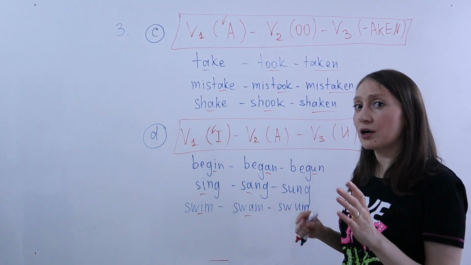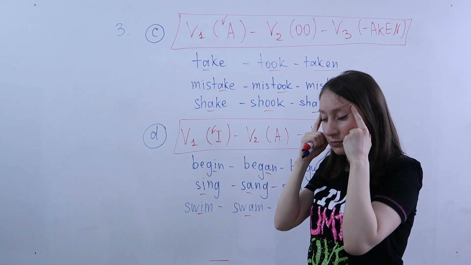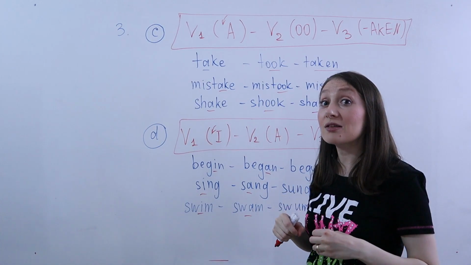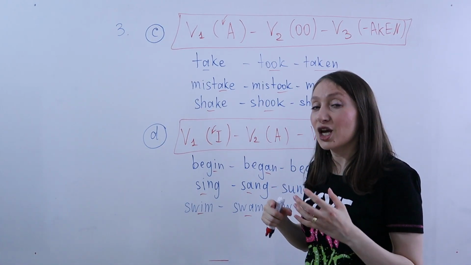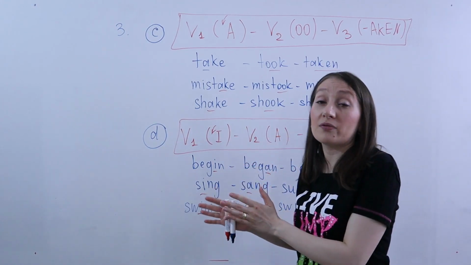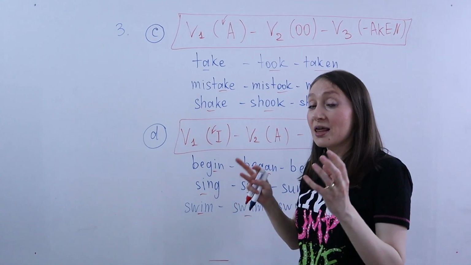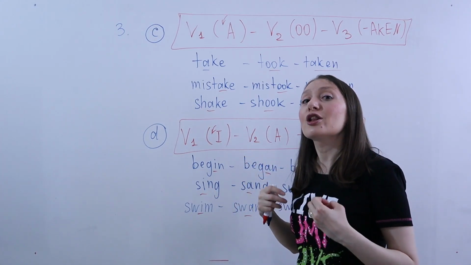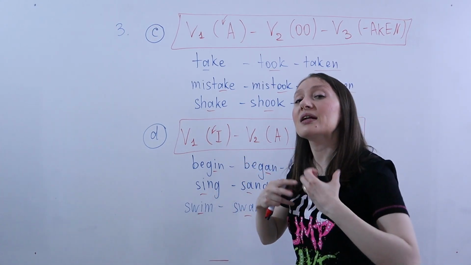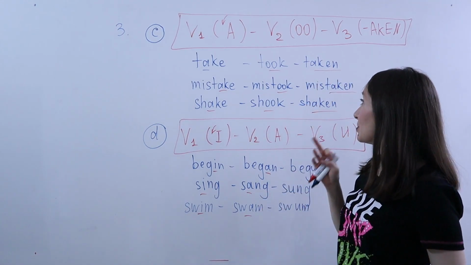Don't learn them by heart just in your mind, just try to pronounce them, because you can forget the structure, maybe you can forget the correct form of the verb, but you remember the music of these verbs. That's why when you learn them loudly, pronounce them, like take, took, taken, mistake, mistook, mistaken.